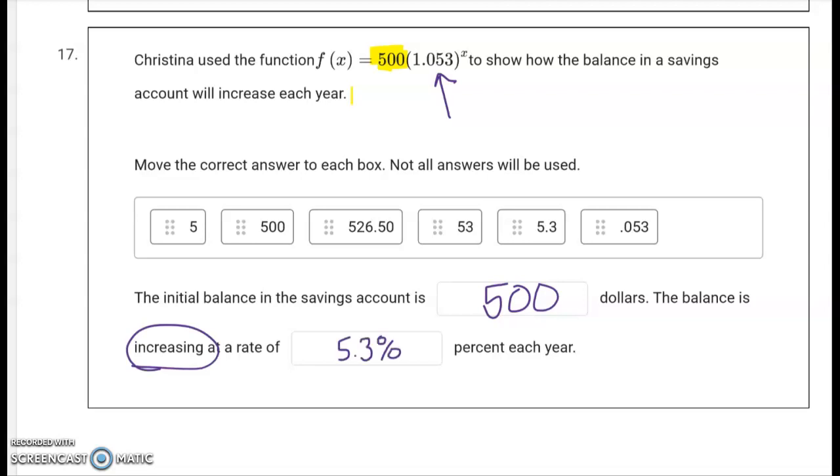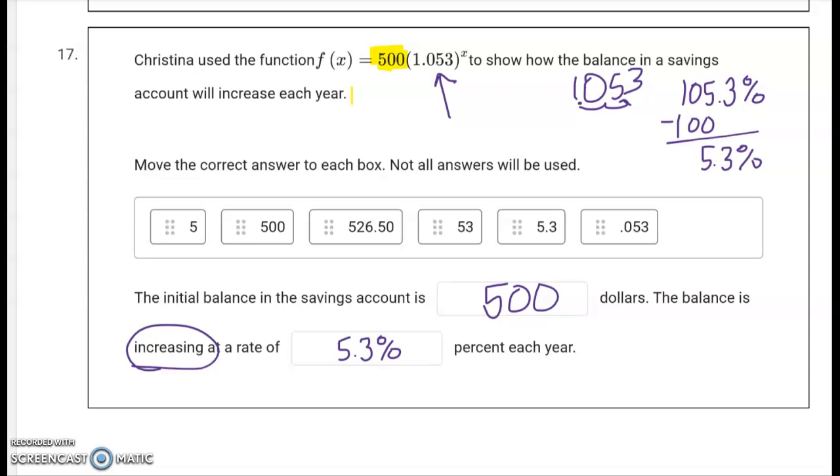Because if you move that decimal over 2 places, 1, 2, we get 105.3%. Take away the 100% and we get 5.3. We had increased by 5.3%. Remember, we always start with 100%. And so it was 5.3% bigger.